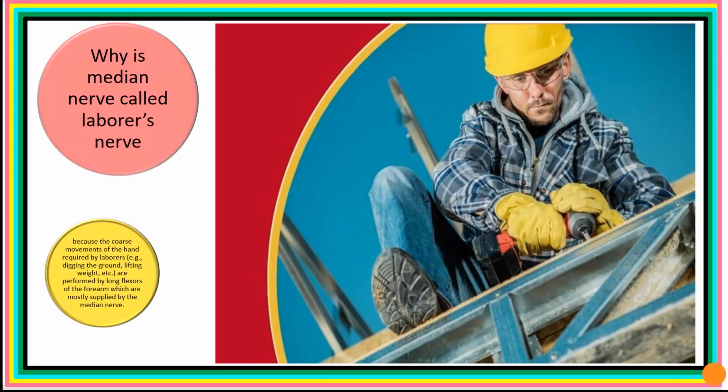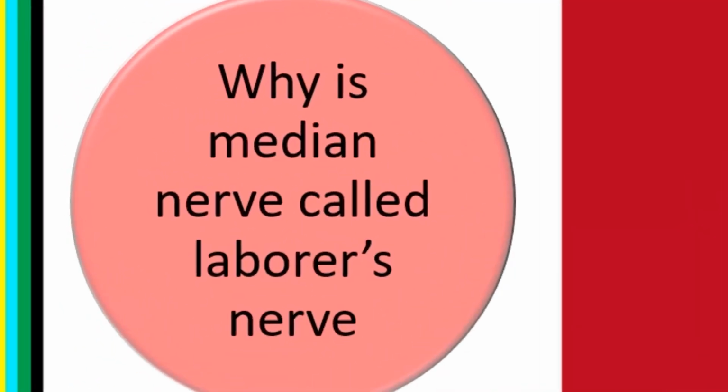At the beginning of our lecture in part 1 of this series, we asked a number of questions. The first question we asked was, why is the median nerve called the laborers' nerve? Now I think we are ready with the answers, having gone through the branches and the distribution.